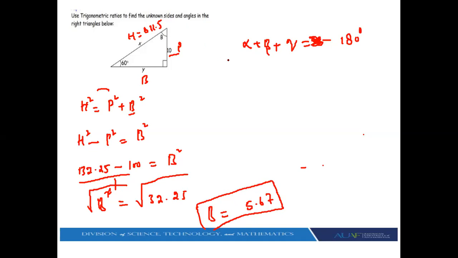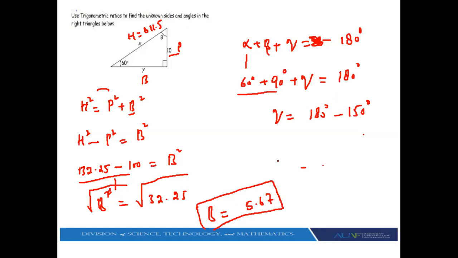Now, let's suppose for example we write alpha is 60 degree and beta is your right angle, 90 degree, and we don't know gamma. Equal to what? 180 degree. So 60 plus 90, 150. It means gamma is equal to what? 180 degree, and if you transfer 60 plus 90 to other side, this one equal to 150 degree.